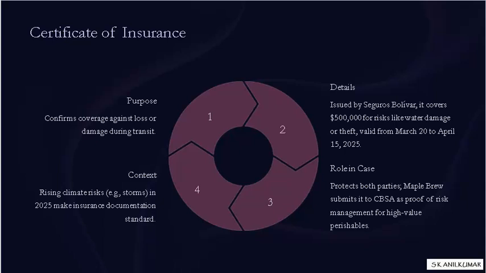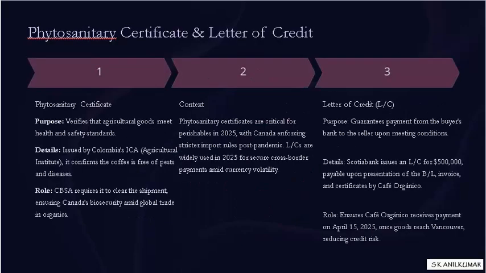Another document that we can look at here is a phytosanitary certificate. The phytosanitary certificate is important because agricultural goods are involved. They have to meet the health and safety standards. Colombia's certification agency ICA will confirm that the coffee is free from pests, free from diseases, and it's organic coffee. CBSA requires this document to ensure it will be cleared quickly.